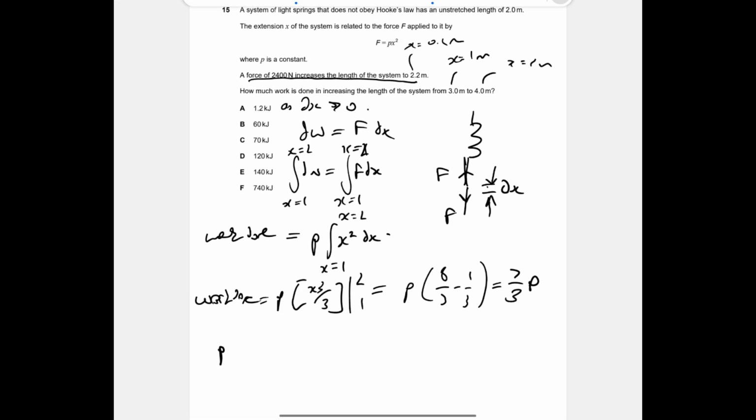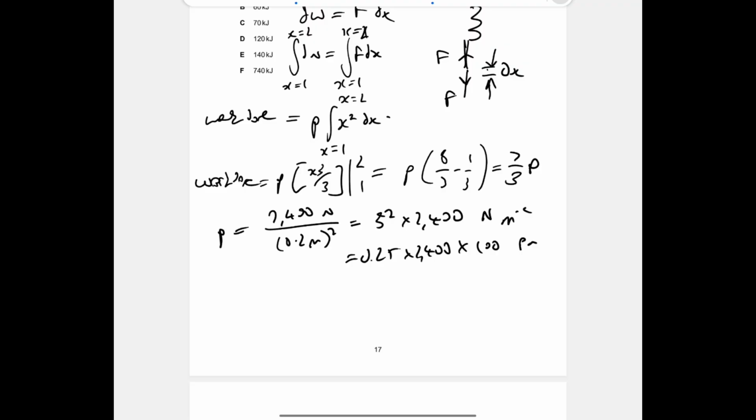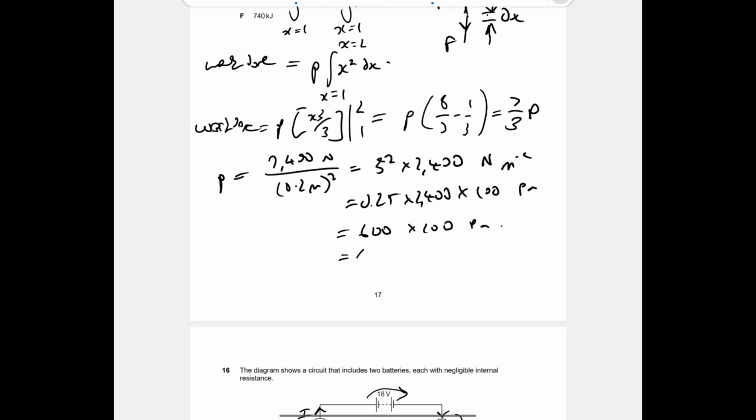So that means P equals 2,400 newtons over 0.2 meters squared, so it's 2,400 newtons times 25, which is 600 times 100, newtons per meter squared, pascals. That's 6 times 10 to the 4 pascals.